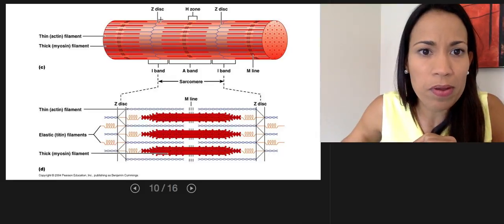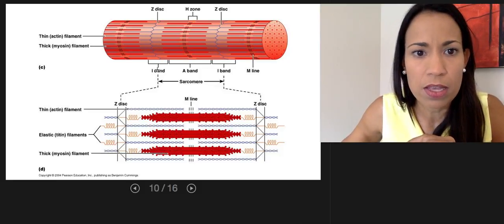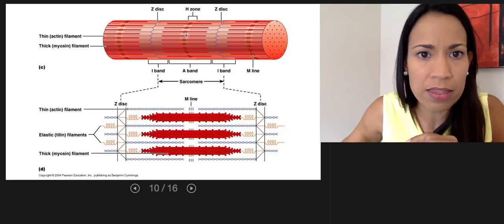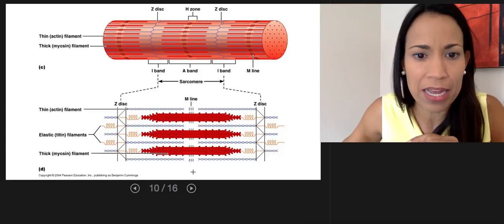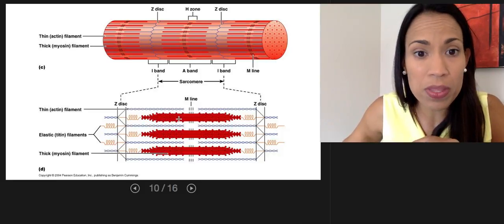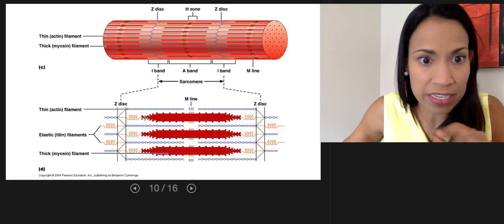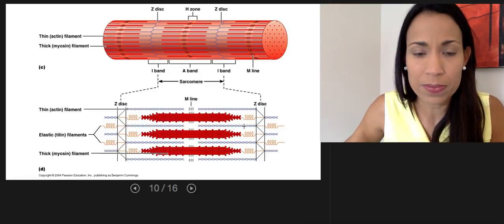Now, one sarcomere is just in between one Z disc and another Z disc. So from here to here is one sarcomere. Right in the midline, we have the M line. Look at the myosin filaments, how they touch the M line on either side, but they don't reach the Z lines.